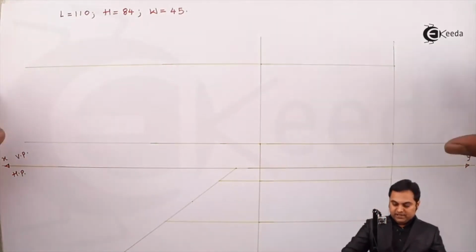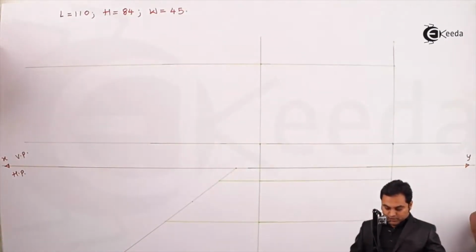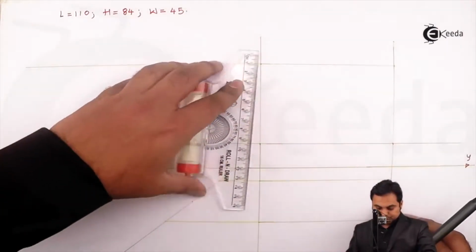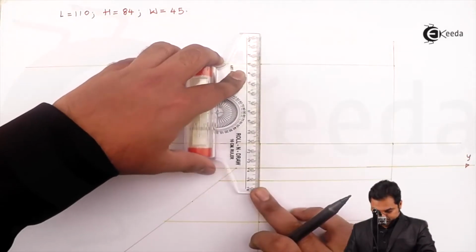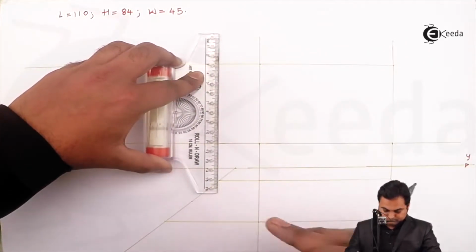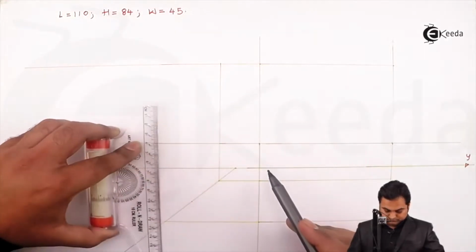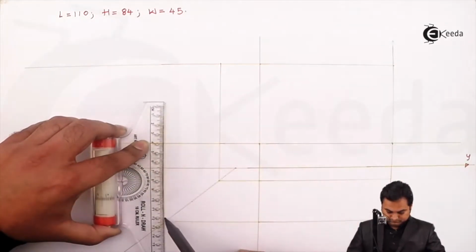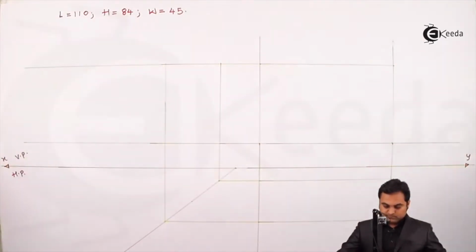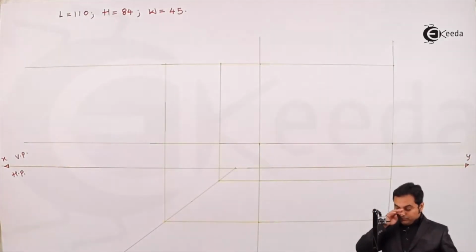So height I have projected from the front view, width from the top view. Inside this rectangle, I am going to draw the side view.